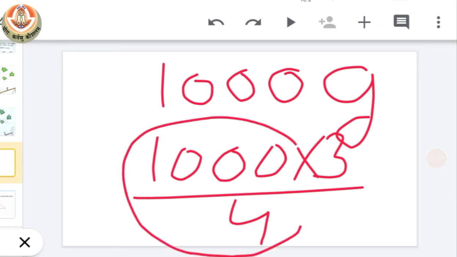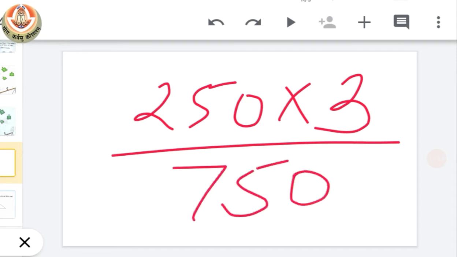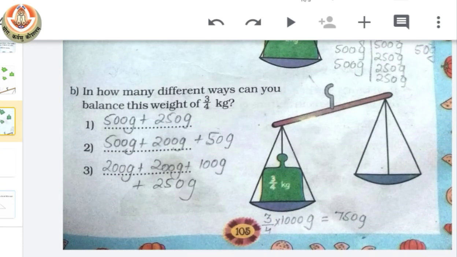When we divide 1000 by 4, we will have 250 gram, and multiplying by 3, it will become 750 gram. So that means 3/4 of 1 kg means 750 gram.